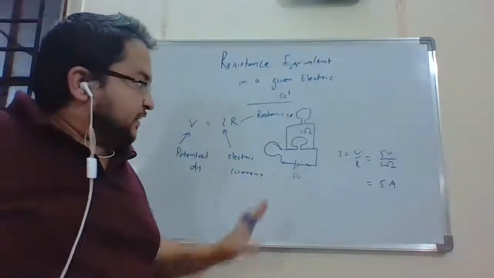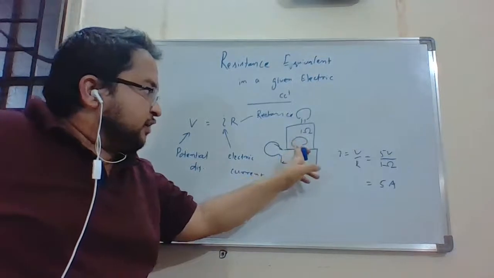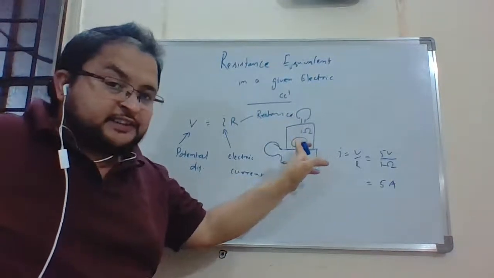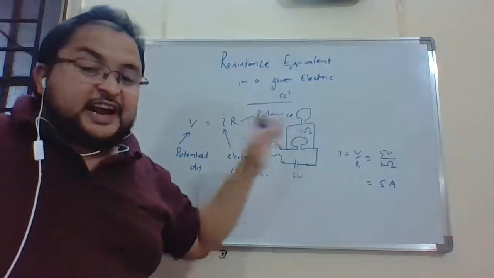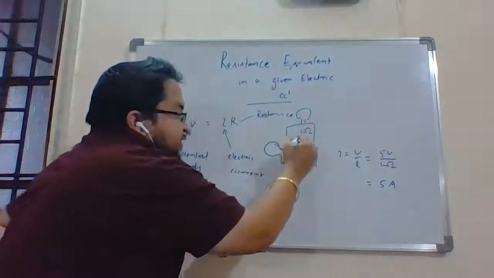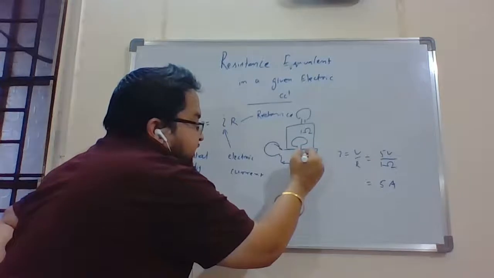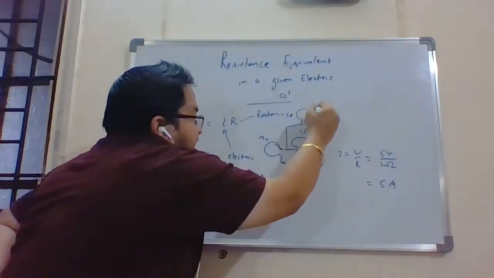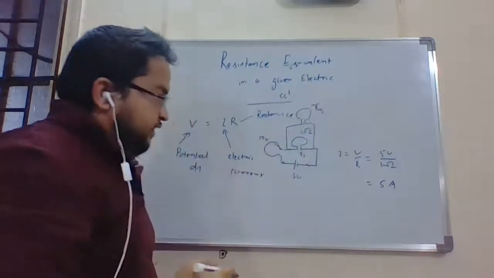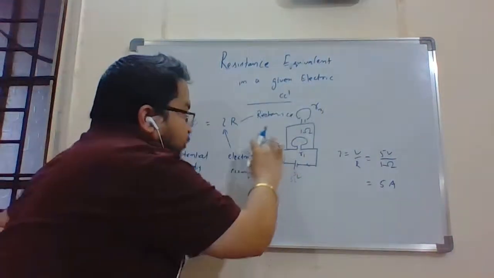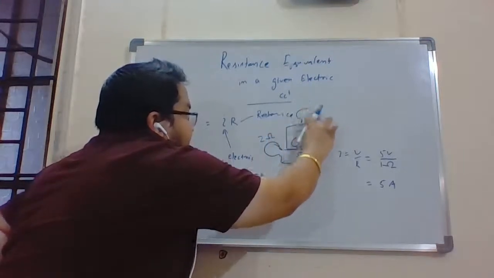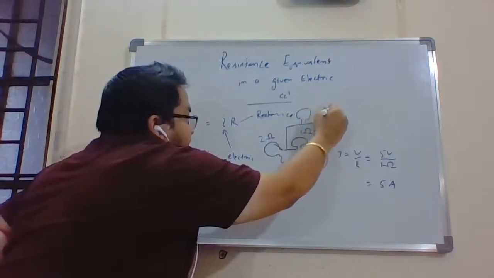There could be multiple electrical devices connected in a circuit. Suppose this one has a resistance R1, this one R2, and this one R3. Suppose this is 1 ohm, this is 2 ohm, and this is 3 ohm.